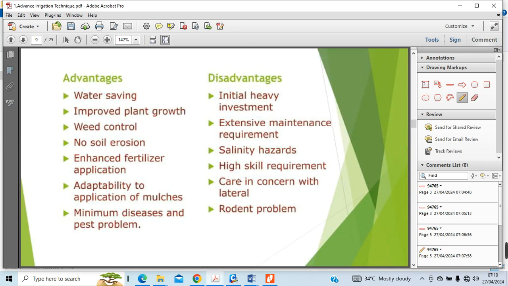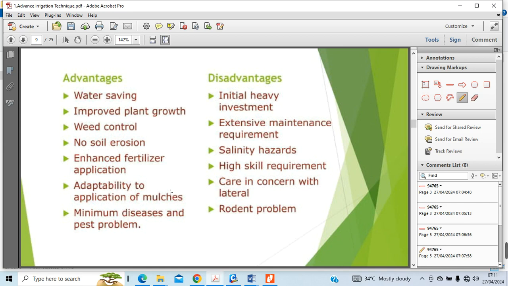You can try this: water saving, but the initial heavy investment, improved plant growth, weed control, extensive maintenance requirement, no soil erosion, sanitary hazard, enhanced fertilizer applications, high skill requirement.